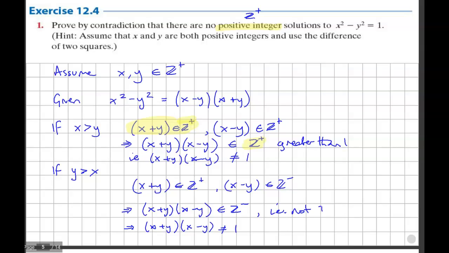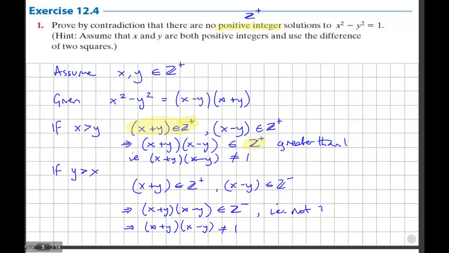Now, we tried to prove that there were positive integer solutions. We tried to prove that for two positive integer values, x squared minus y squared would give me 1. But I've not managed to get that. Each time I've actually proved that it's not equal to 1. Therefore, my original assumption that there were two positive integer solutions that would work has failed.